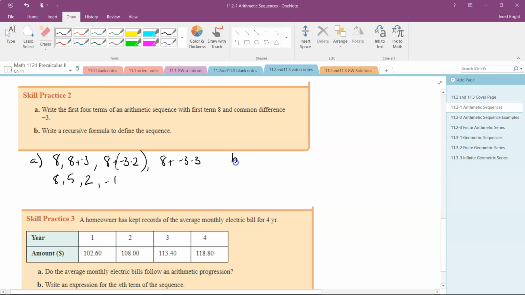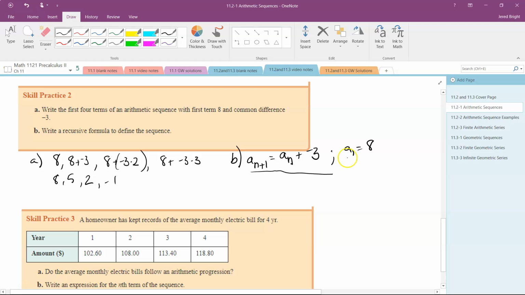In part B, a recursive formula. This one is saying to get the next term, I take the current term and add negative 3 to it. Also with the recursive formula, this is not the only thing you need to do. You need to state the starting point, which for us is just 8.